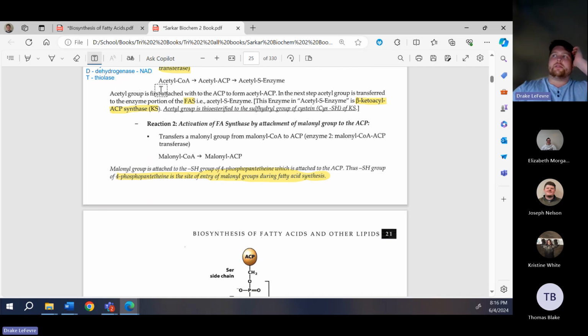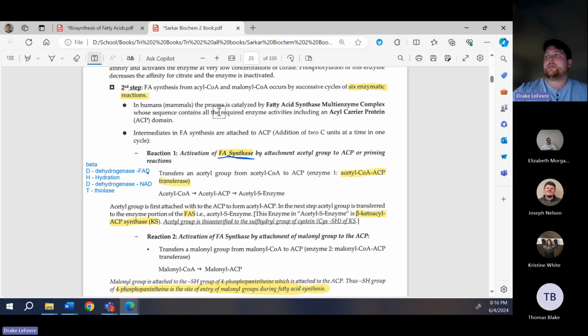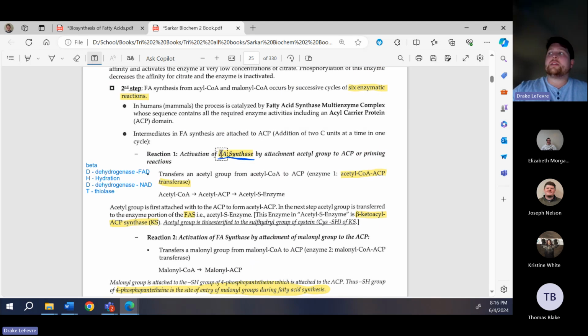That acetyl group is first attached to the ACP to form acetyl ACP. And then in the next step, the acetyl group is transferred to the enzyme portion of the FAS. FAS is our fatty acid synthase.